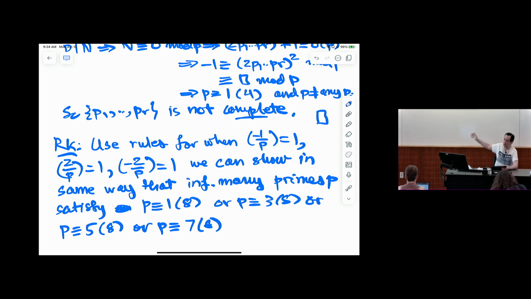And you use these square conditions and a quadratic type of polynomial expression. And now I'm hesitating. For 1 mod 8, I take that back. Yeah, for the 3, 5, and 7 mod 8 conditions, you can use these square rules. To show infinitely many primes that are 1 mod 8, you want to go to a higher degree polynomial, even beyond degree 2, but I don't want to get into that here.